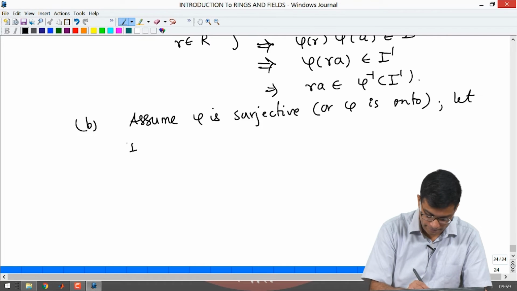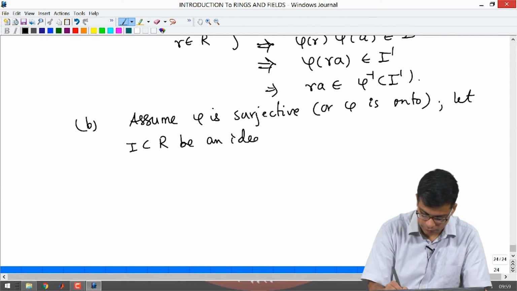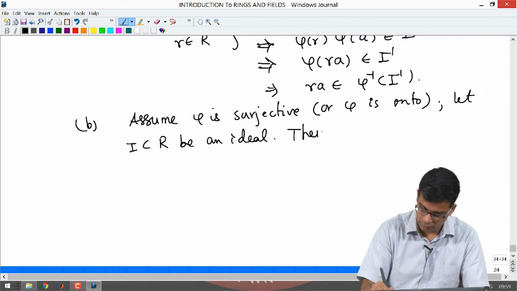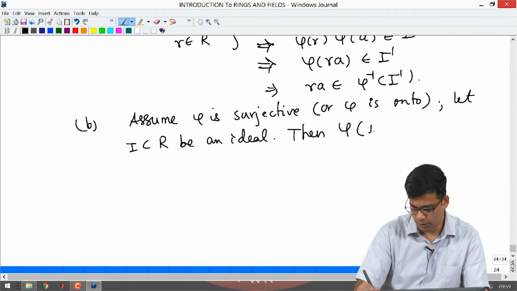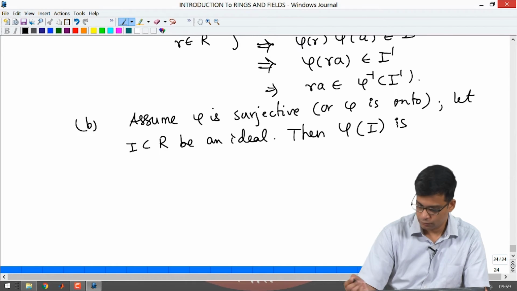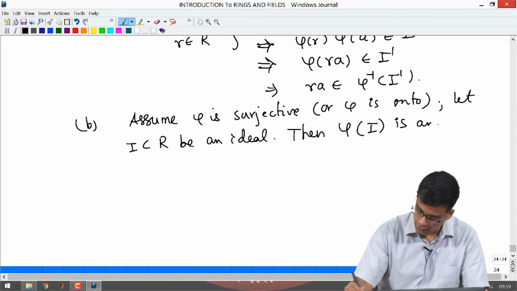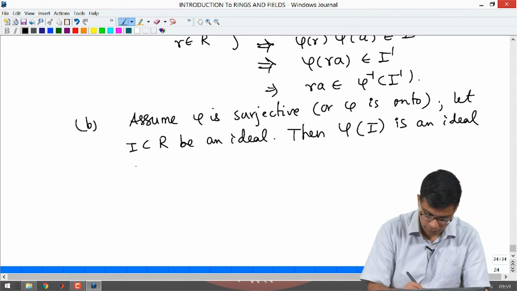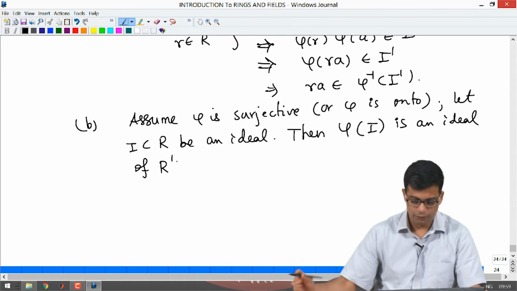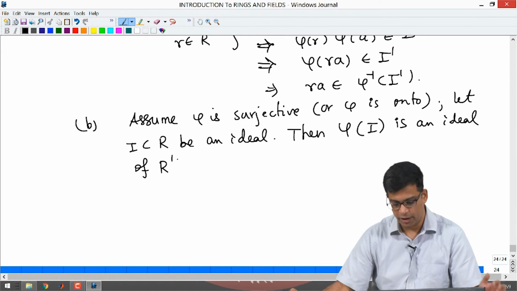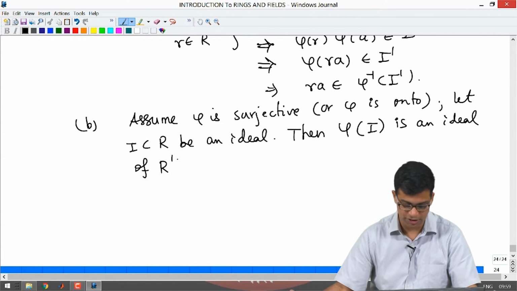Let I be an ideal, then phi of I is an ideal of R prime. The image of an ideal is an ideal, provided the map is surjective.